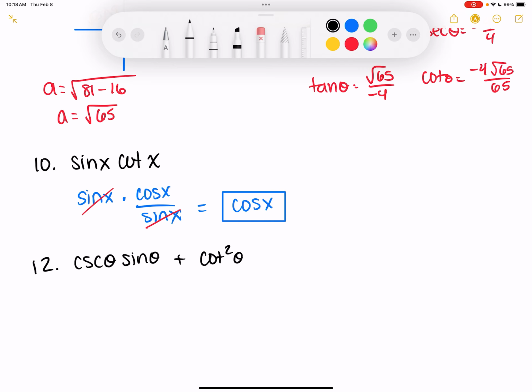Yep, how could I rewrite cosecant? Yep, 1 over sine of theta times sine of theta plus cotangent squared of theta. So the sines cancel. So I would have 1 plus cotangent squared of theta. And what is 1 plus cotangent squared of theta? Yep, cosecant squared of theta.